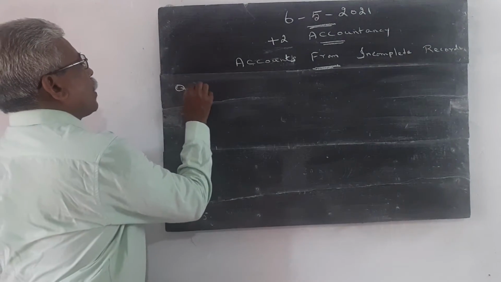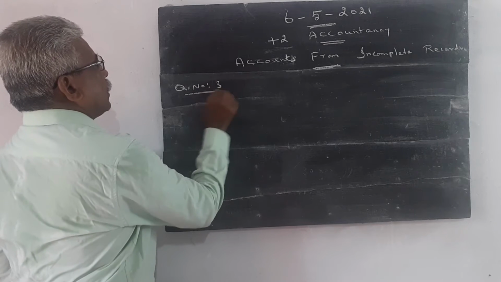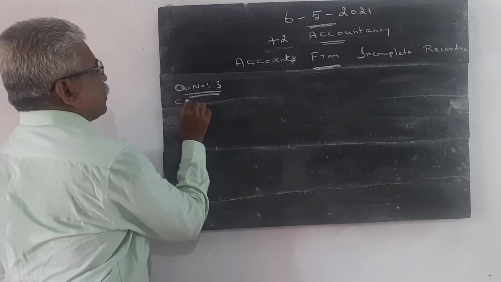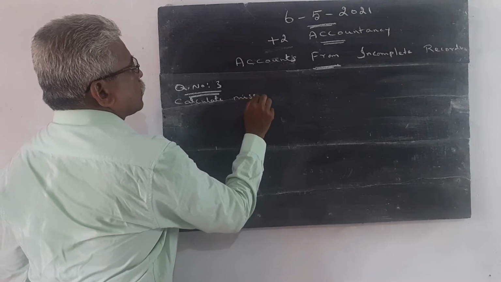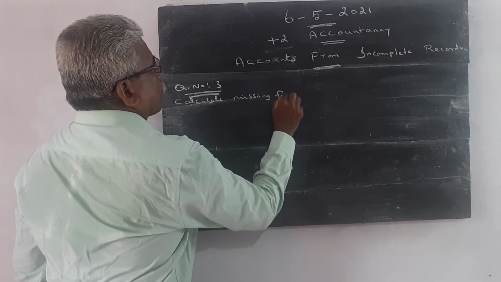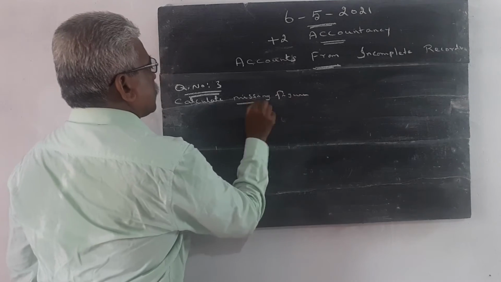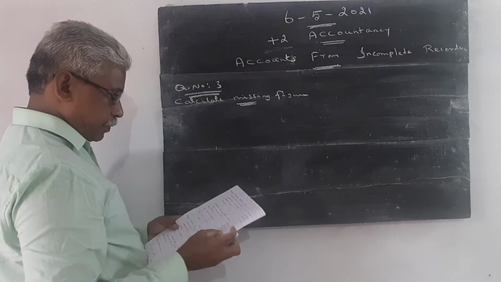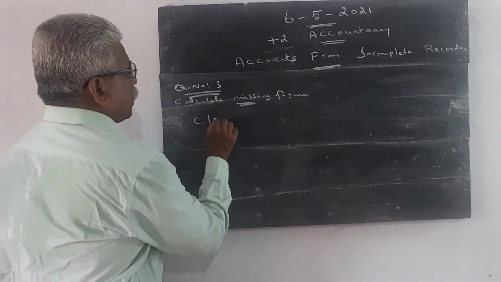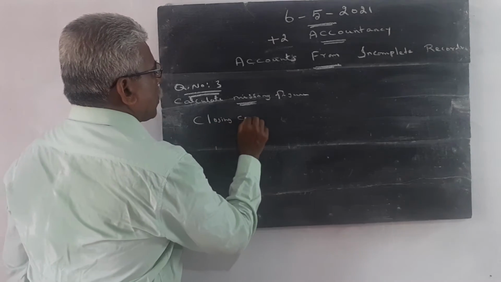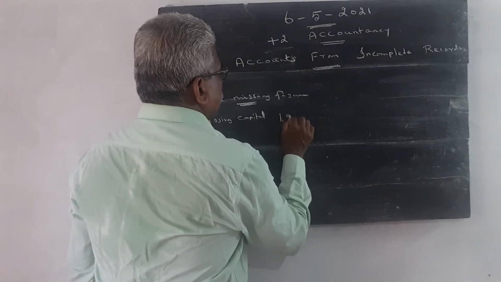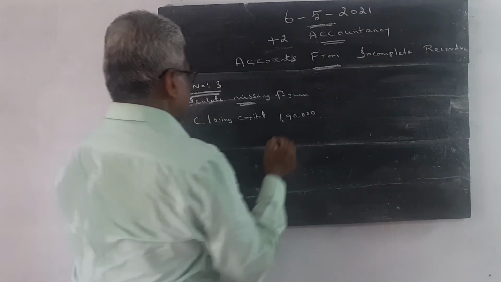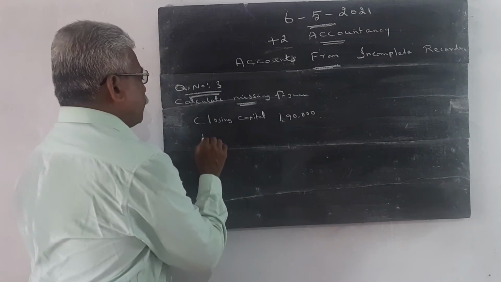Question number 3. Calculate missing figure. Here, closing capital 1,90,000. Then additional capital 50,000.